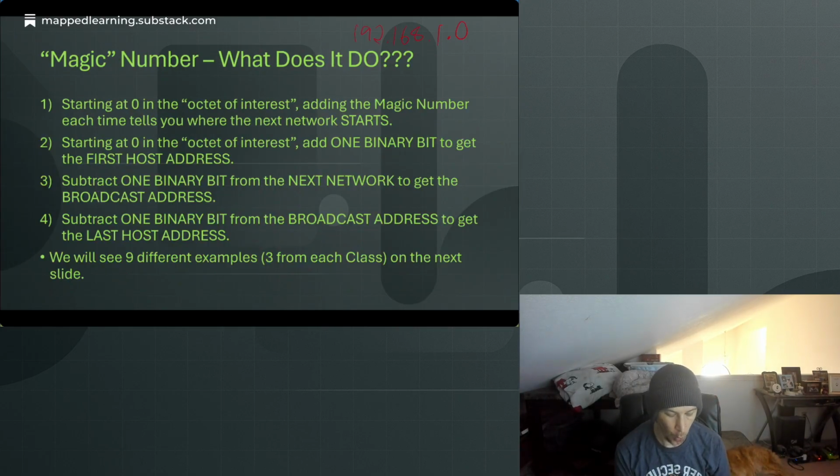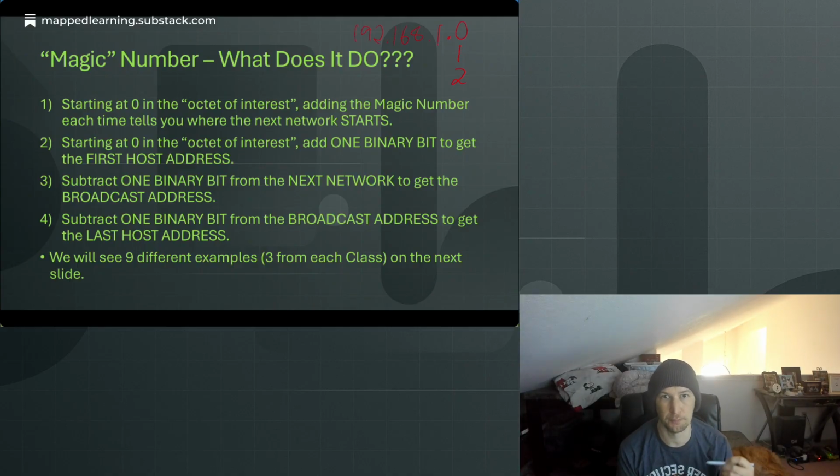So if I add one binary bit to 0, it's 1. If I were to add one binary bit, well, one binary bit plus one binary bit is 1, 0. That would be 2.